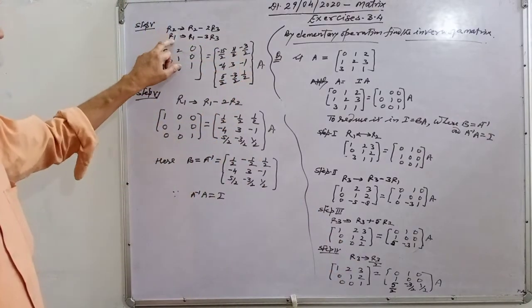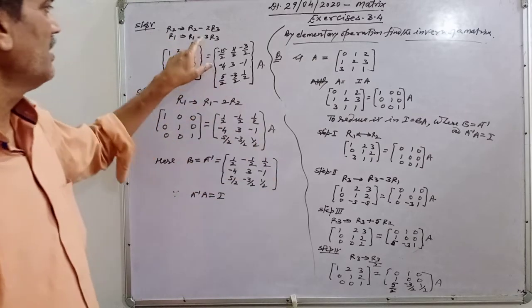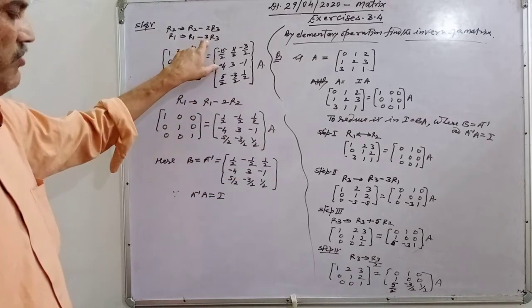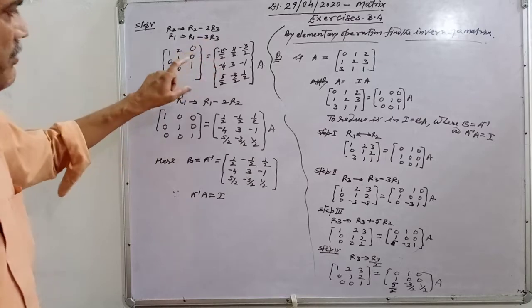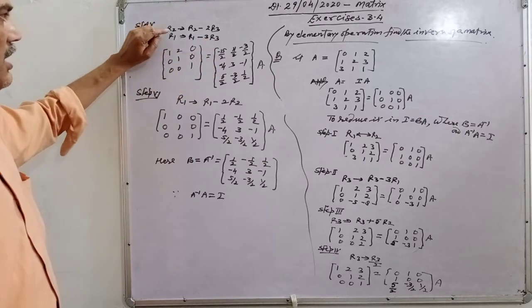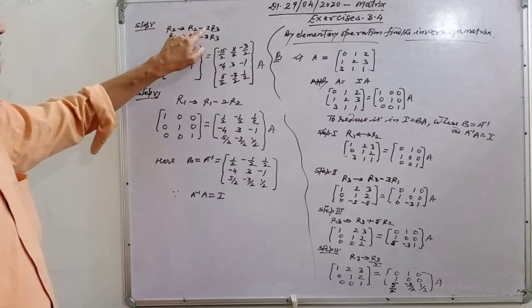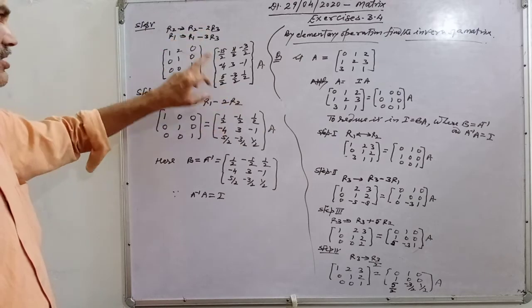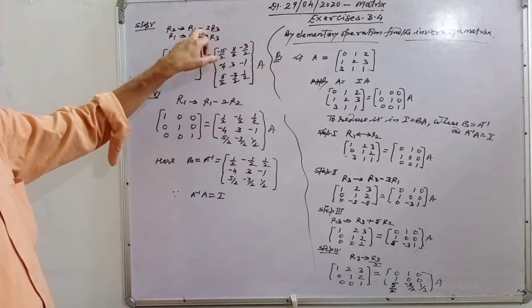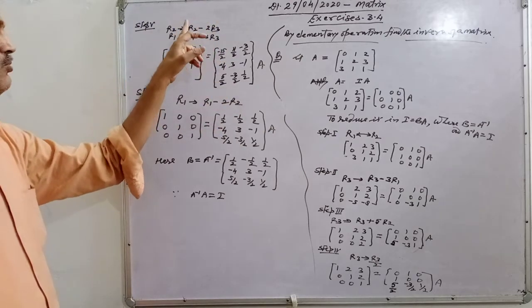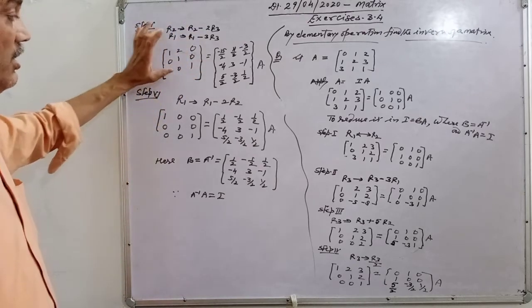So in R1 subtracting 3 times R3 becomes this, and in R2 subtracting 2 times R3, in R3 multiplying by 2, then subtracting from R2. So you will get this on both the sides.